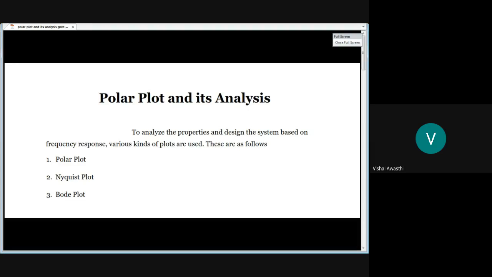In the Bode plot, what we have seen is that it consists of two plots: one is the magnitude plot, and one is the phase plot.